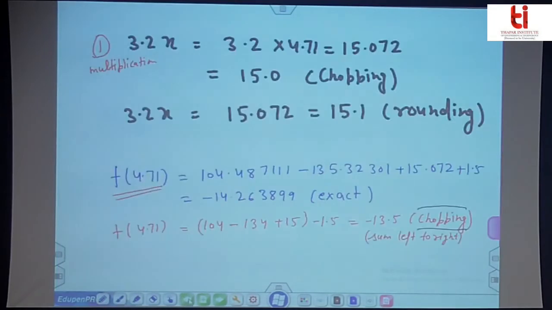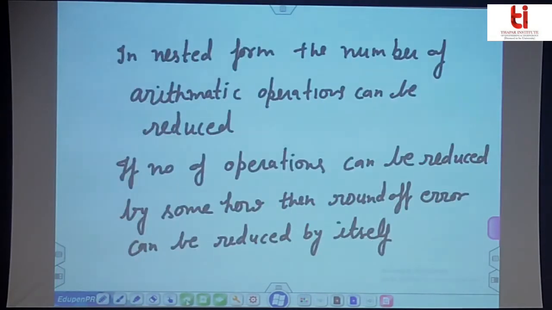So that is our aim. If you go to the first slide, you will find that if the number of operations can be reduced somehow, then round-off error can be reduced by itself. Or in nested form, the number of arithmetic operations can be reduced. So we have shown here by the example.